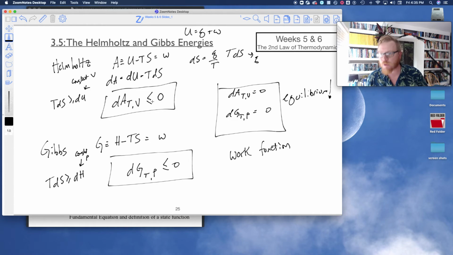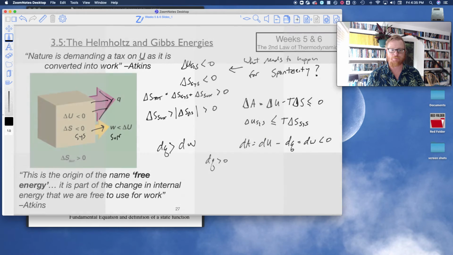It can be used for chemical changes or physical changes. And when we recognize that these quantities are negative, nature is providing us a tax refund that's giving us free energy that we can use as work, okay? That is the origin of the name free energy.